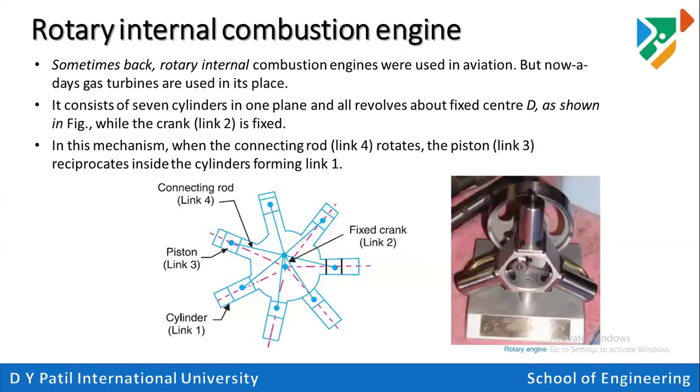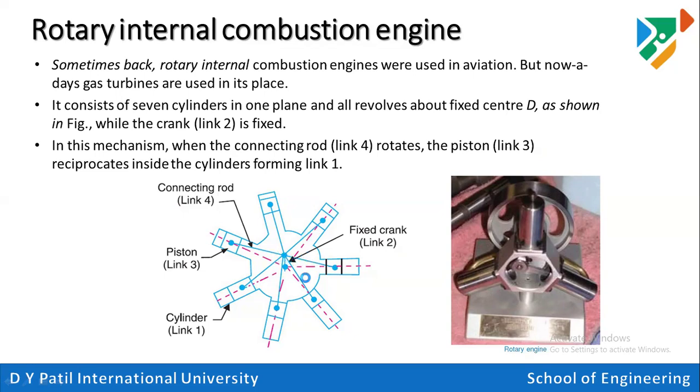Then we have next part, rotary internal combustion engine. So in case of rotary internal combustion engine, a single crank is used to drive multiple pistons with different connecting rods. Okay. So it has 6 cylinders, or you can say we can use 7 cylinders to operate that particular system.